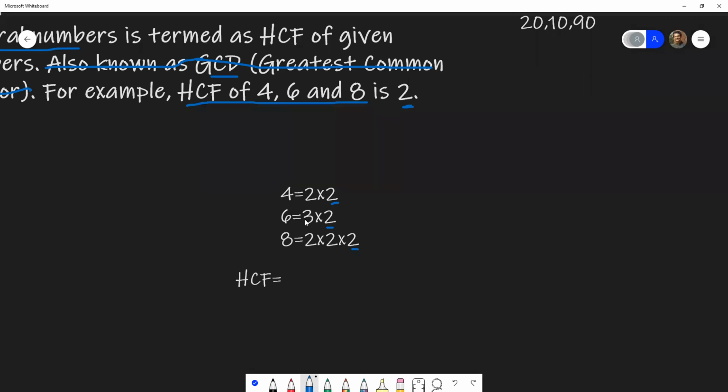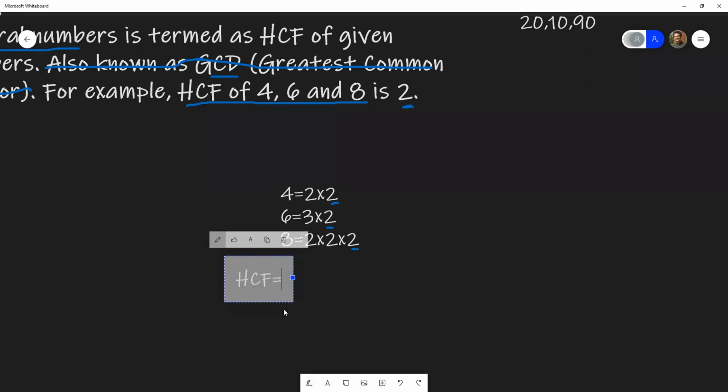We have a 3, but it doesn't go with just 2. So the HCF becomes... no, we don't have 3 in the 3 terms. We just have 2 in the 3 lines, don't we? Yes, sir. This is called common. So the HCF is 2.